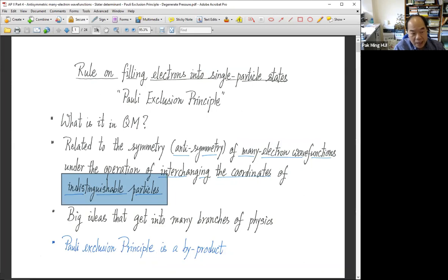What it means is that for the 2 electrons living in the helium atom, they all live in this 1 angstrom size stuff, okay? And then we cannot distinguish them. We cannot identify electron 1 from electron 2.